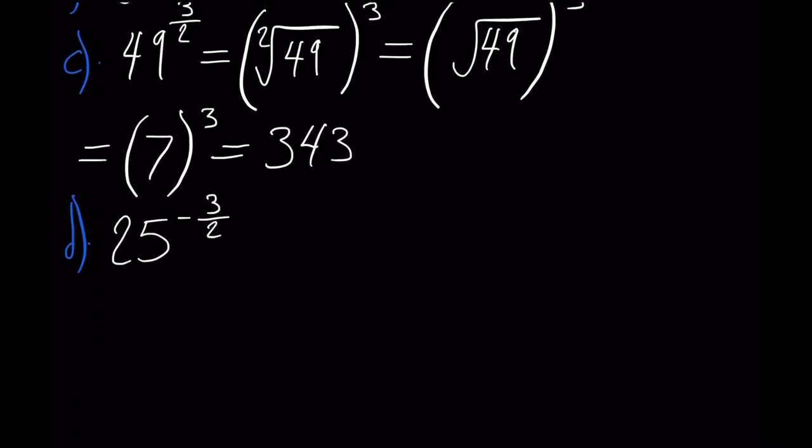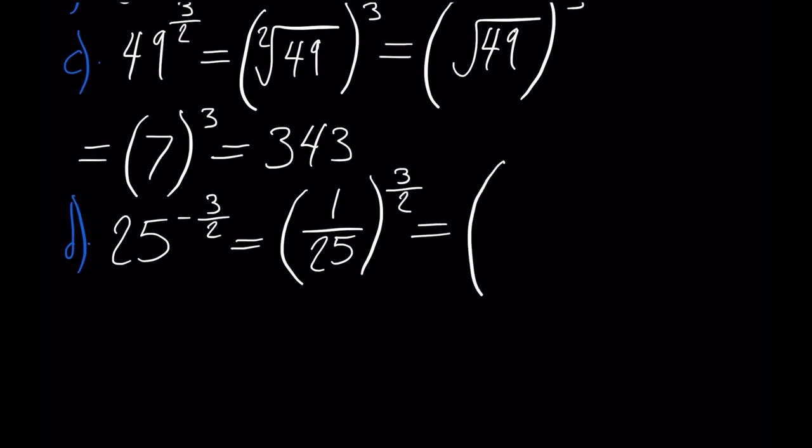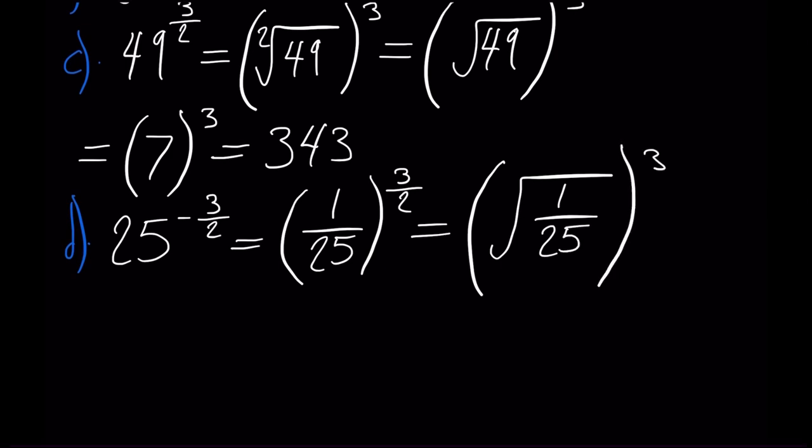So using two laws of indices, we can rewrite this as 1 over 25, all raised to the power 3 over 2. And then this simplifies to square root of 1 over 25, all raised to the power 3.